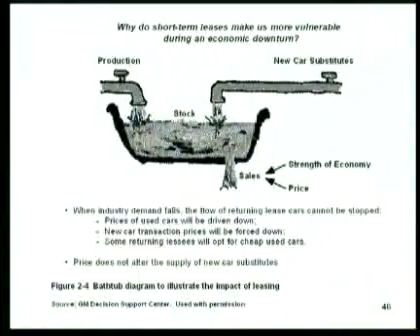In this case, we're asking again the question: why do short-term leases make us more vulnerable during a downturn? As you saw in that recession case, we have production feeding the stock, we have new car substitutes coming in, and then we have a drain at the bottom with sales, and that's influenced by both the price and the strength of the economy. So if the economy is weak, that drain cannot flow as quickly, and your bathtub may indeed overflow, which is not a good situation.